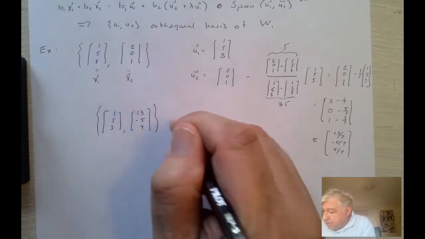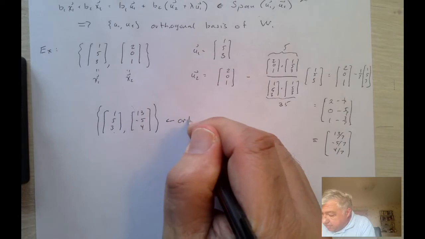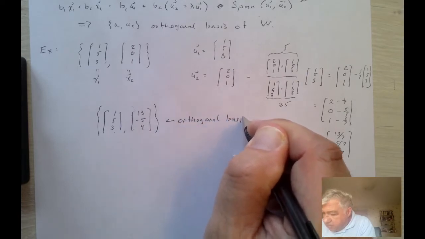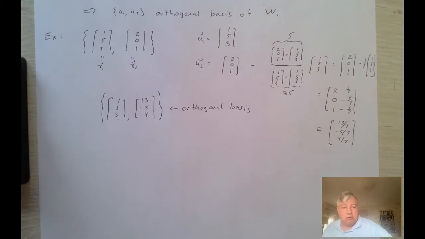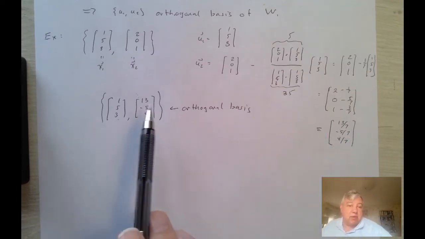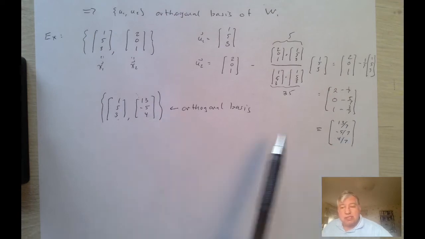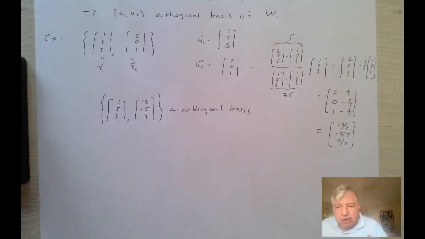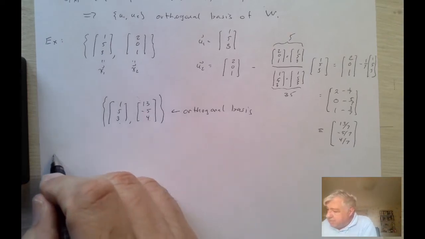So this is an orthogonal basis in this case. Once again, if you wanted to keep this vector in here, that's fine, but you can always replace this with a scalar multiple of that. So that's how you would do it if you had a two-dimensional subspace.